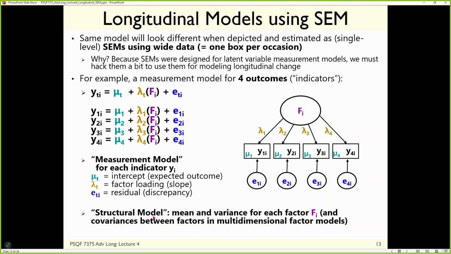The structural model then would be composed of the factors and their relationships. So each of these factors needs a mean and a variance, and if there's more than one factor, you can have them connected with two-headed or single-headed arrows as you choose. That's known as the structural model. So f doesn't exist, it's in a circle. That means we have to give it a mean and a variance to have it exist.